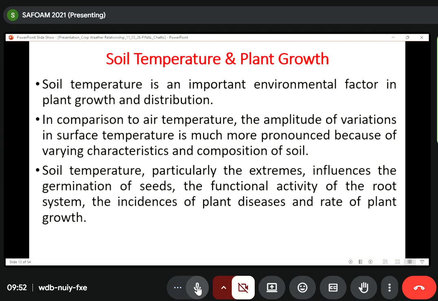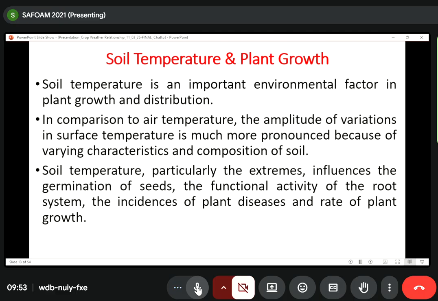Now, soil temperature also is very important. Soil temperature is an important factor in plant growth and distribution. In comparison to air temperature, the amplitude, meaning the variation of the temperature, at lower depth is more, because there are so many constituents, and their adaptations to soil moisture and soil temperature will be different.